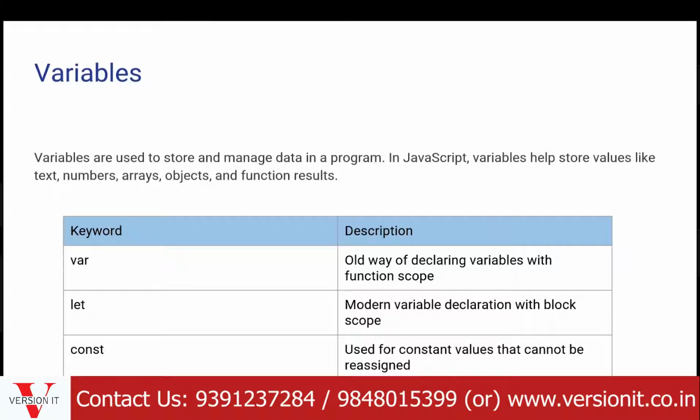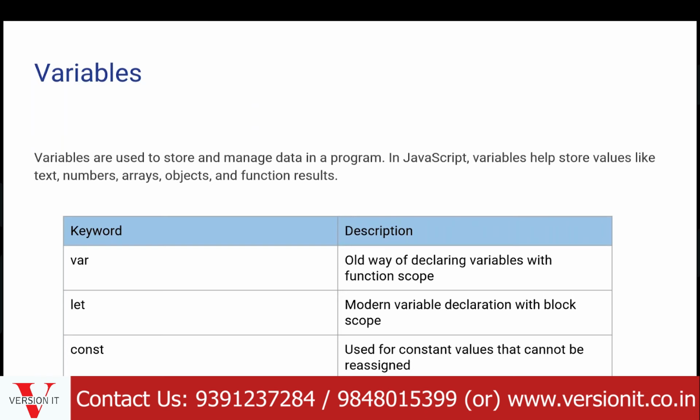Maybe once I give the example and we start implementing, it will be easier for you. And also, there is something called constant. So what is this constant? Constants are for when you don't want to change a value, when you don't want to reassign a value to a particular variable. Let's assume I have something called employee ID. I say constant employee ID equal to 1.